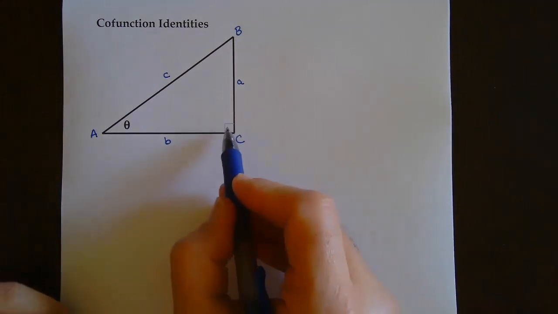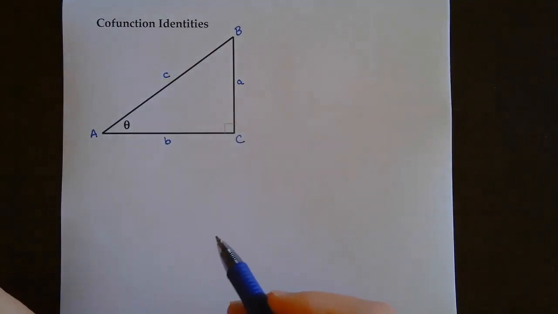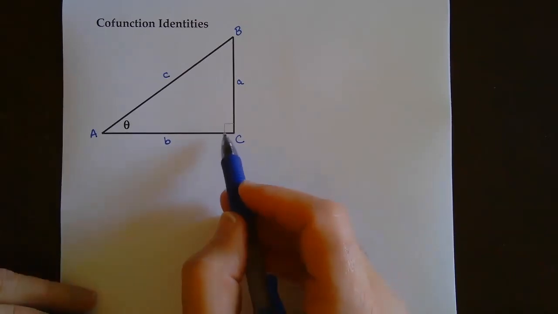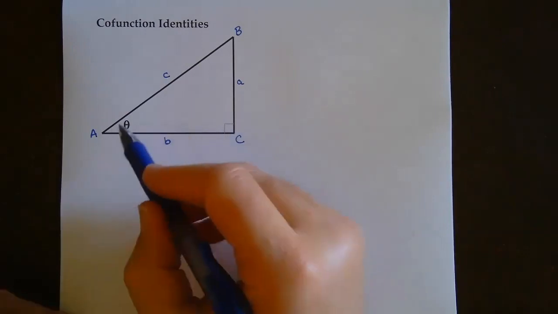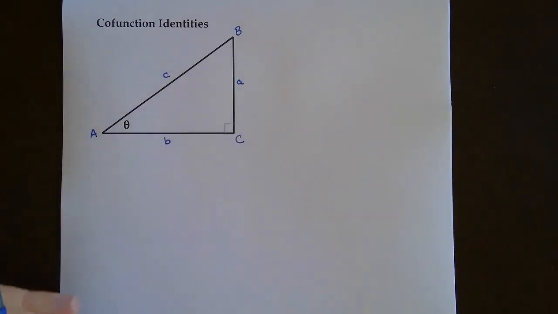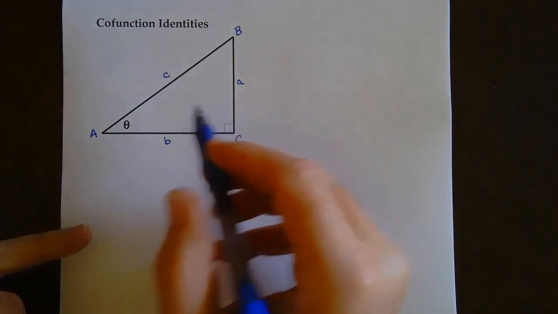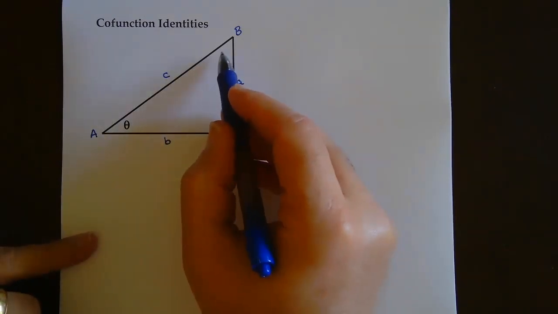So this is a 90-degree angle, right? And we know that the angles of a triangle always add up to 180 degrees, right? So if we take 180 degrees minus 90 degrees, because one of them is already 90, these 2 angles always have to add up to 90 degrees, right? Okay, so if they add up to 90 degrees and this one's theta, this one would have to be 90 degrees minus theta.